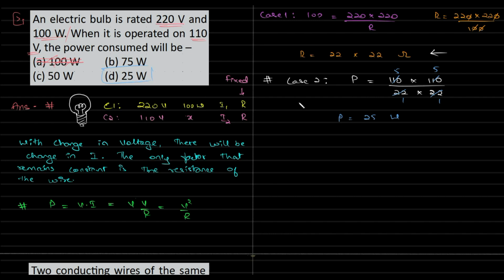So it reduced by a factor of 4. The voltage dropped by 2, but the power reduced by a factor of 4. You can make a small note: on reducing the voltage by half, the power dropped by 4 times.